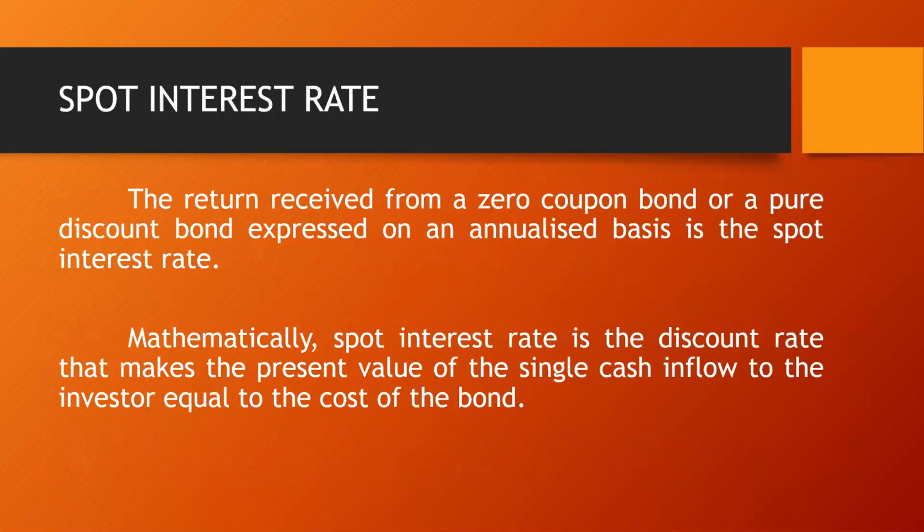The third type of return from a bond is spot interest rate. See, the return received from a zero coupon bond or a pure discount bond expressed on an annualized basis is the spot interest rate. So what is a zero coupon bond? See, zero coupon bonds are issued at a deep discount.